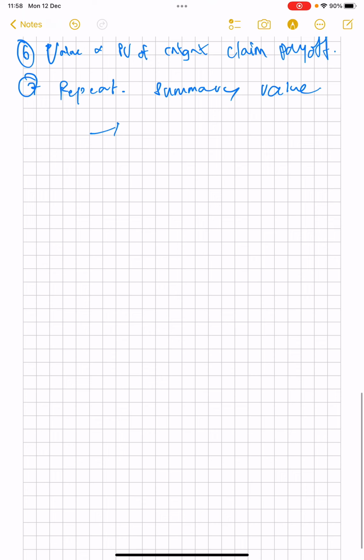As a summary, I'm going to write a little summary for Monte Carlo simulation.